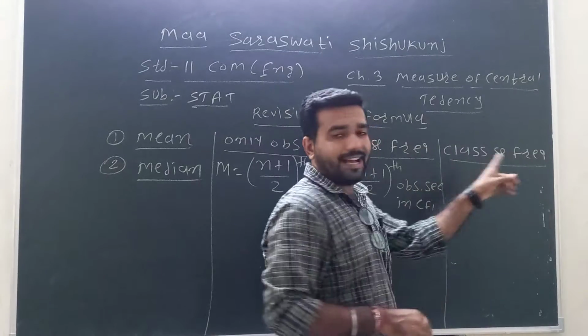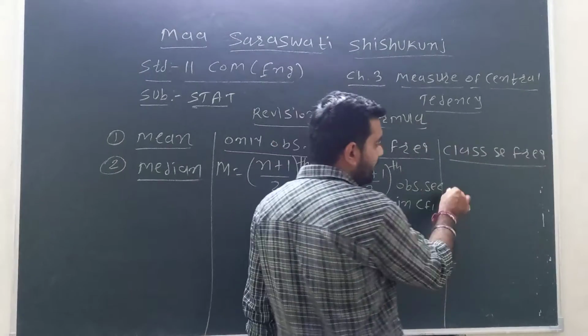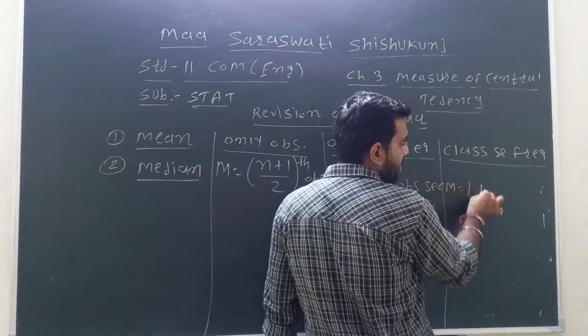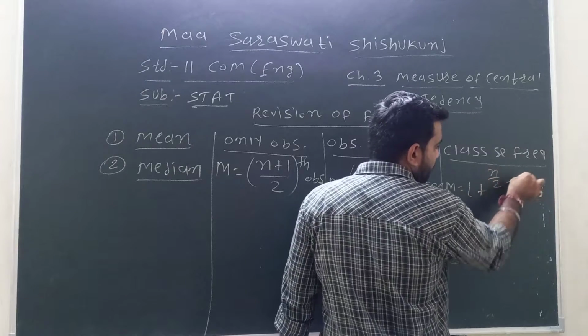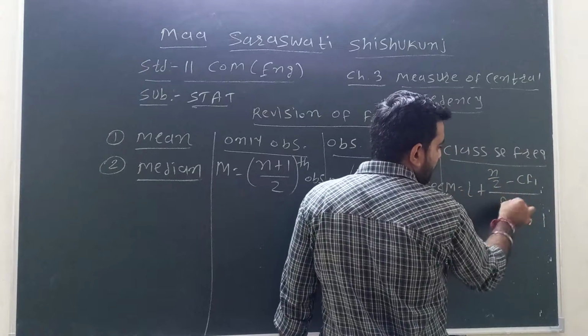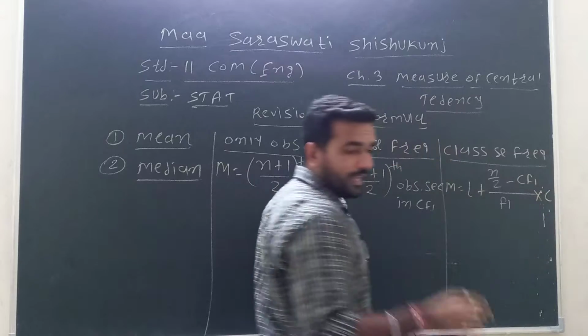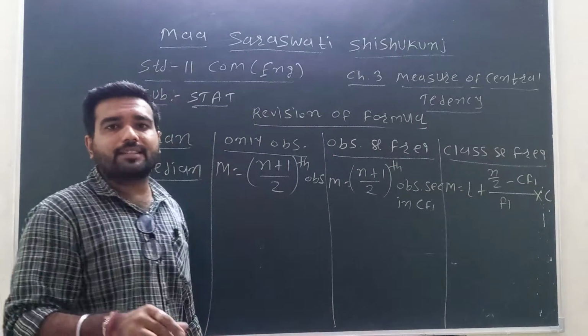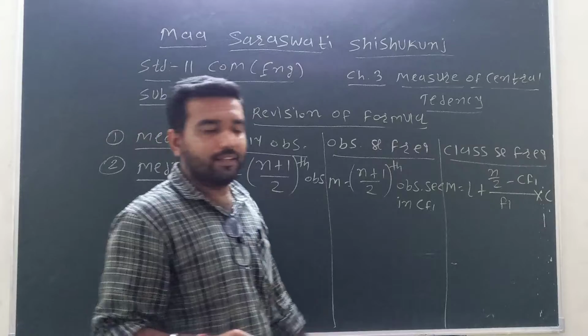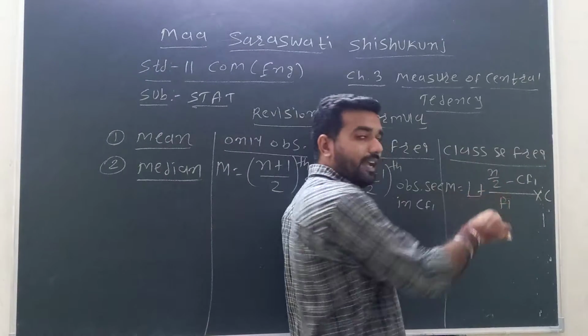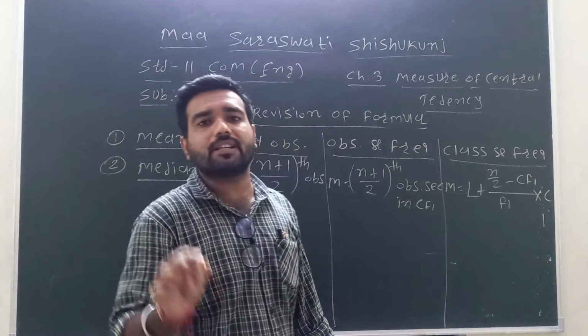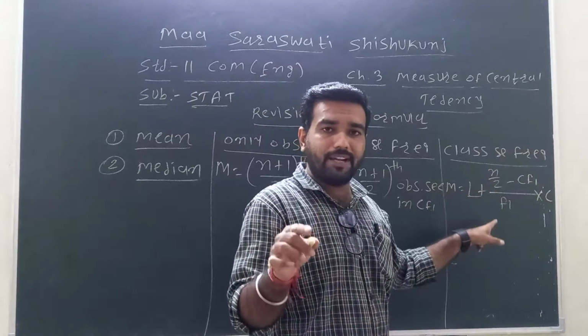And third one is class and frequency. When the classes are given, then M is equal to L plus (n by 2 minus CFi) upon fi, multiplied by C. What do we have to do first? n by 2, where n is the total of frequencies, the summation of frequency.